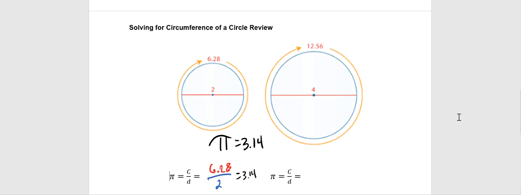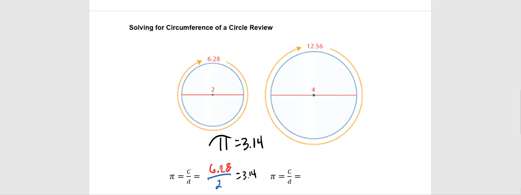Now, we're basing this on the premise that we've been able to very accurately measure the circumference and likewise very accurately measure the diameter. So based on those two accurate measurements, when we divide the circumference by the diameter of this first circle, we get a ratio or a value of 3.14.